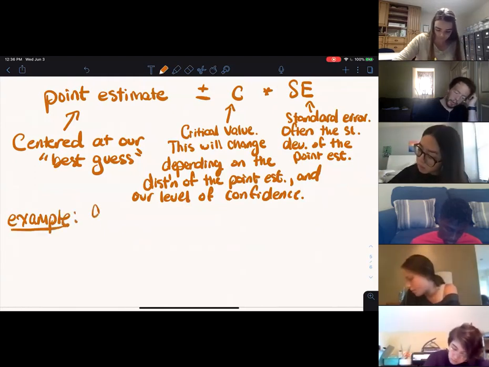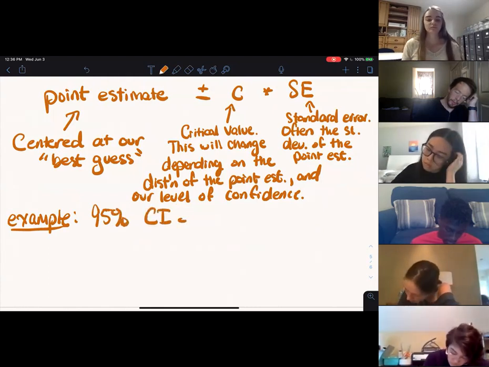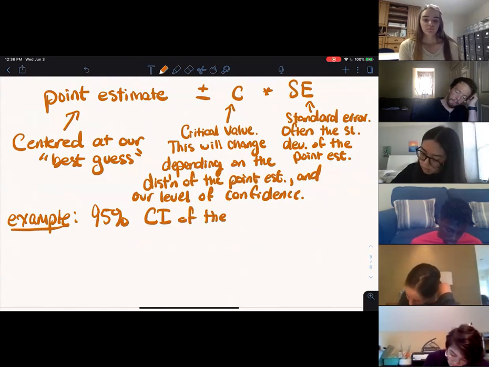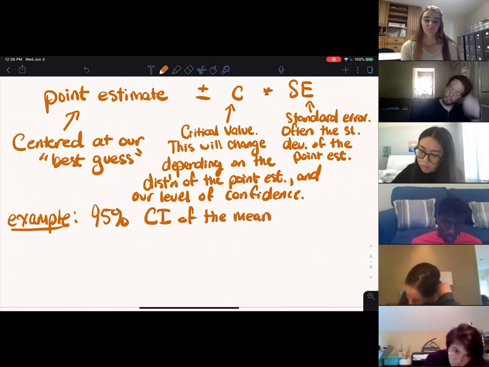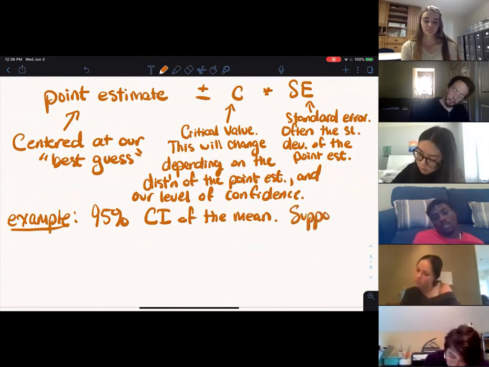So we want to do a 95% confidence interval of the mean. So let's do it.